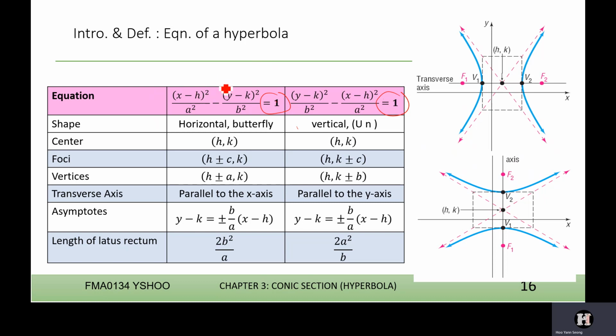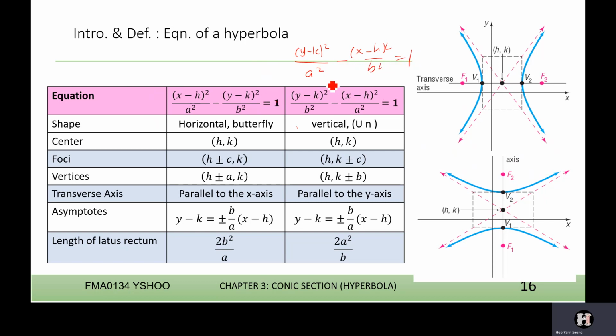Now I have to remind you all: if you look at this topic in other books, you need to be a little careful and check whether the formula is really alike, because some books use x minus h squared over a squared, and for the y minus k they also use y minus k squared over a squared, minus x minus h squared over b squared.